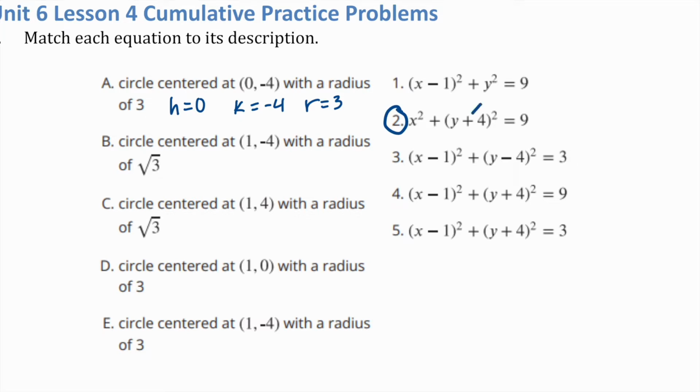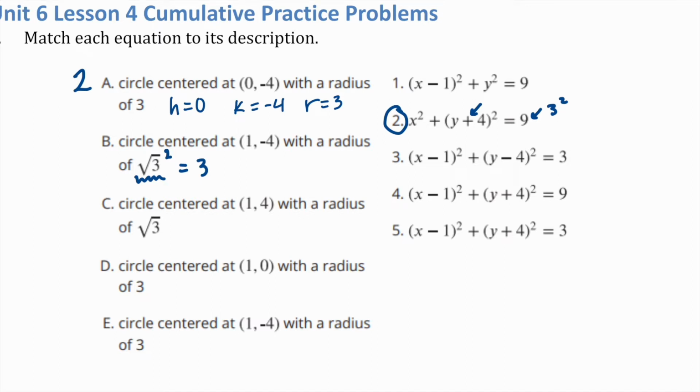And we know that a minus a negative gives us a positive. And 9 here is 3 squared. So this one works perfectly. Number 2 goes with A. For B, a circle centered at (1, -4) and a radius of square root of 3. When we square that, it's going to be the whole number 3.